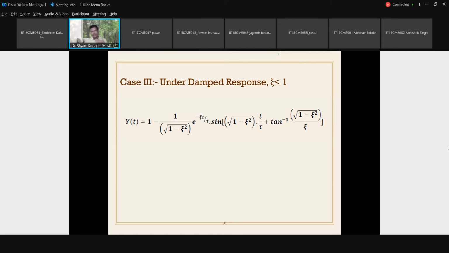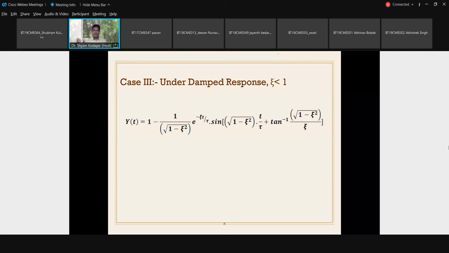That time the first order system or the lower order systems will behave like a whole overall transfer function comes to be a higher order, that is a second order system. So this particular equation represents that when the system is subjected to a unit step change, and if psi is less than 1, the damping coefficient factor is less than 1, that time the y(t) will behave like this expression.